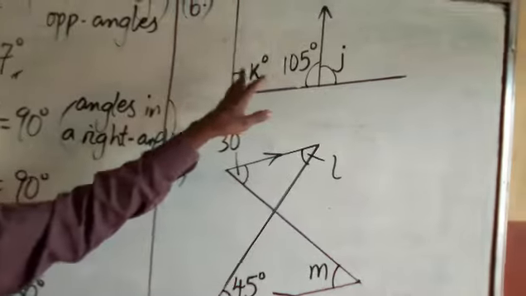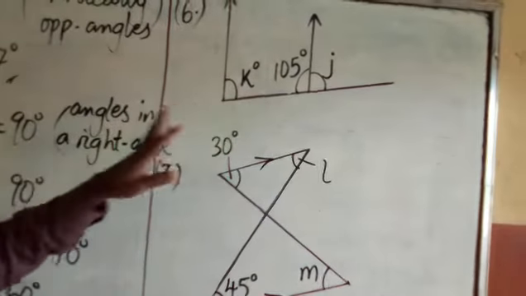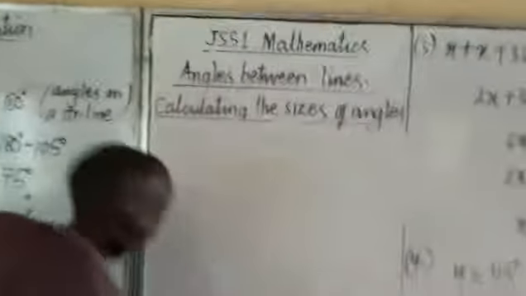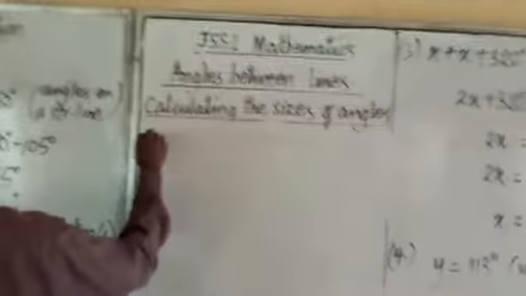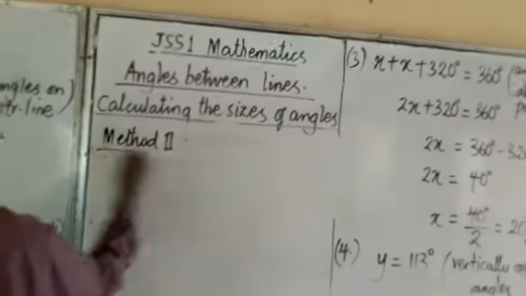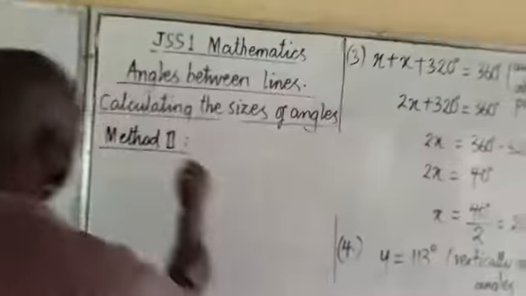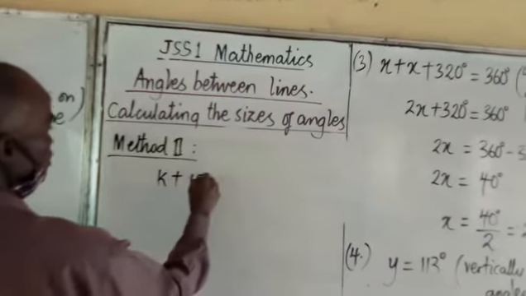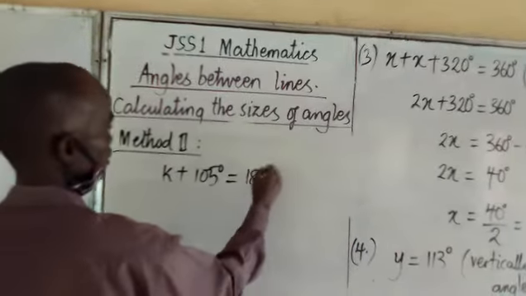You can actually find K first using another rule or theorem. Okay, interior opposite angles or co-interior angles. Let me take that to be method 2. K plus 105 degrees is equal to 180 degrees.